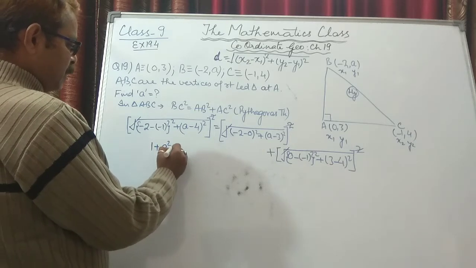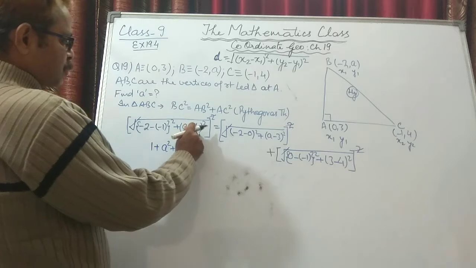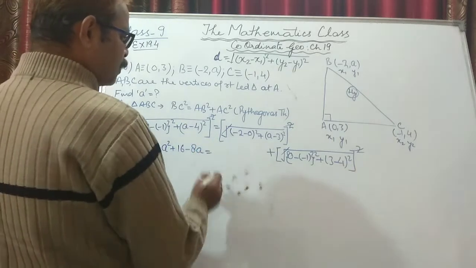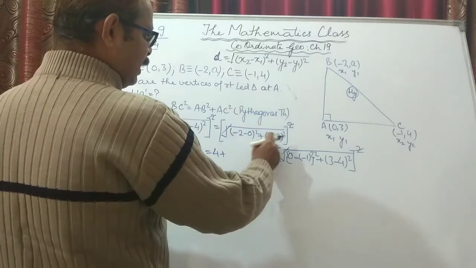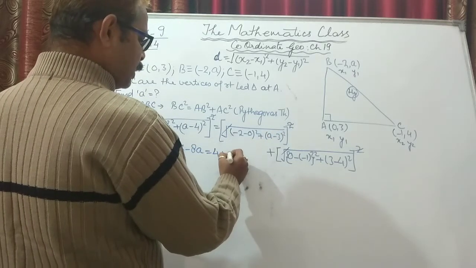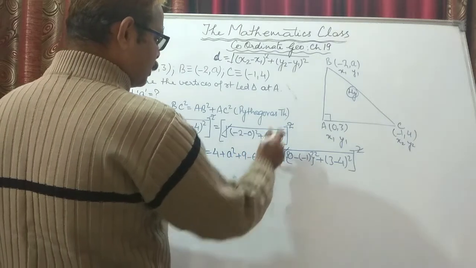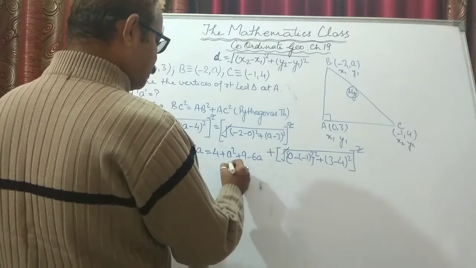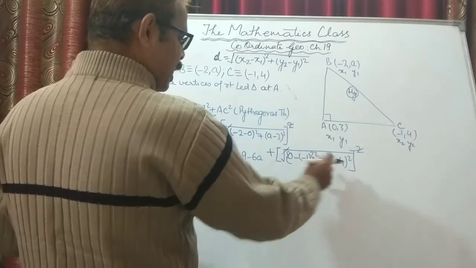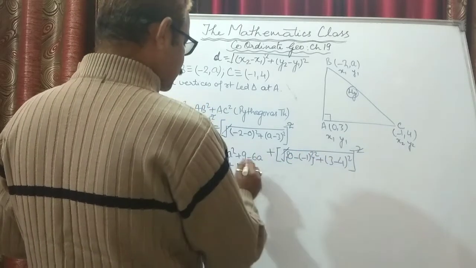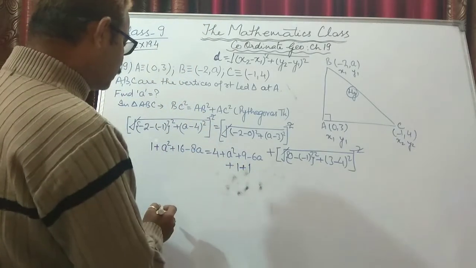So a square plus b square is 16 minus 2ab, means minus 8a, 4 twos are 8a, is equal to minus 2 whole square, which is 4, plus a minus 3 whole square, which can be opened by a minus b whole square. So a square plus b square minus 2ab, 3 twos are 6a, and then plus minus 1 square is 1, and 3 minus 4 is minus 1, minus 1 square is again 1, so plus 1. Now we have to just solve.